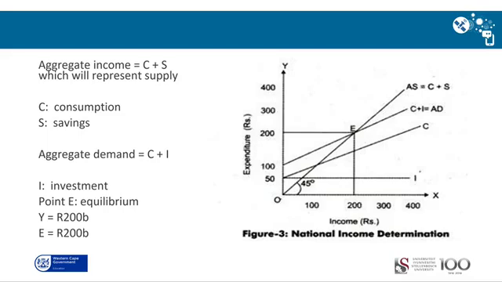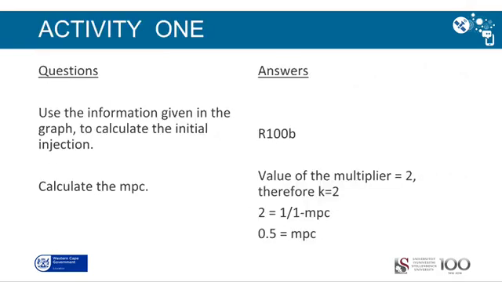So if I take my 200, which represents my income, divided by expenditure of 100, the value of my multiplier is 2. And we know that the formula for calculating the multiplier is 1 over 1 minus MPC. So therefore, 2 is equal to 1 over 1 minus MPC.